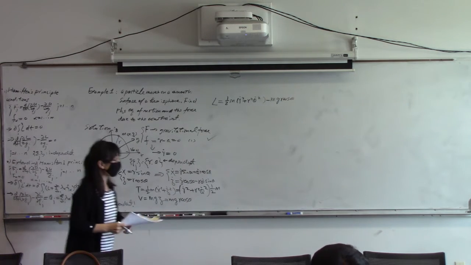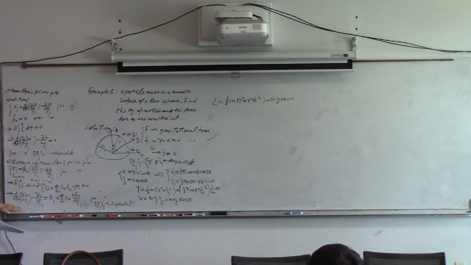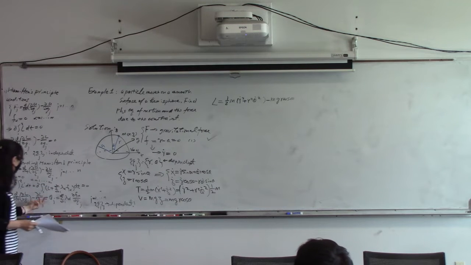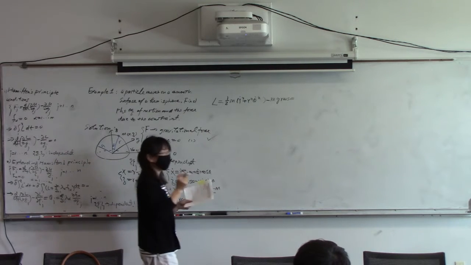Once we write down here, we are going to apply this formula. Depending on the generalized coordinates, we have two: q1 is R, q2 is theta. So you have two equations. Now let's do it one by one.